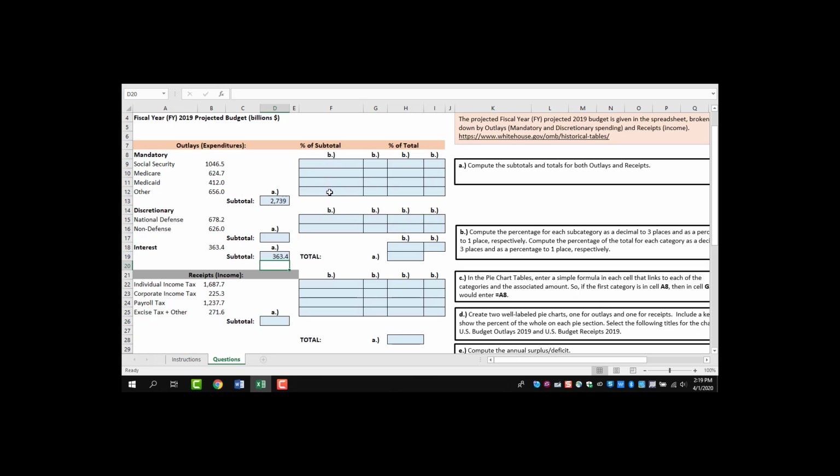Now, I want to talk about the percent of the subtotals here and here. And they want this subtotal to 3 decimal places here, then a percentage here. So for the subtotal of Social Security, it's Social Security divided by that subtotal, which I'm going to lock because I'm going to drag it down. And they want 3 decimal places.